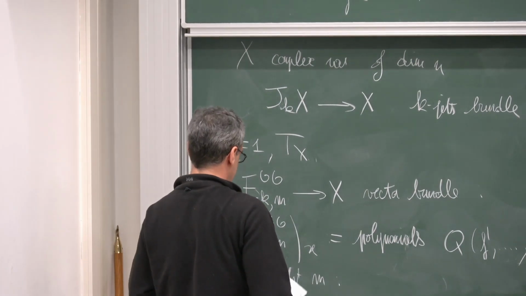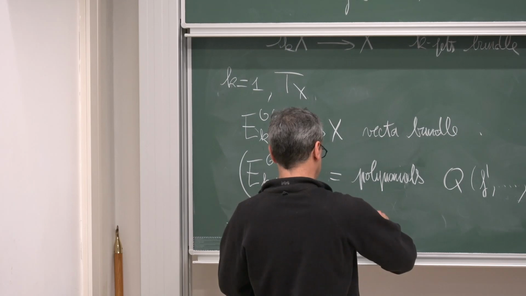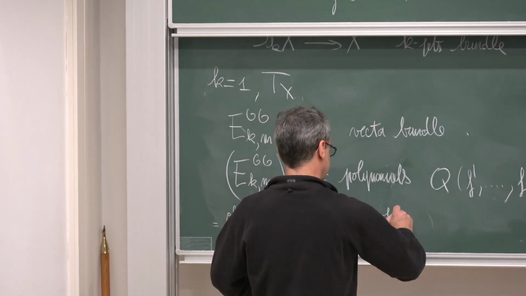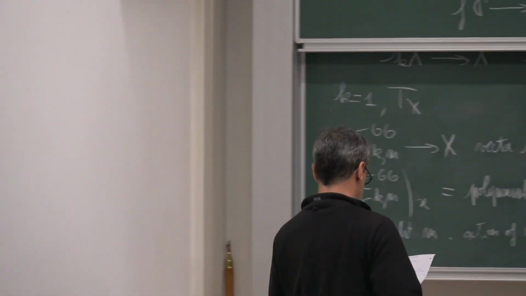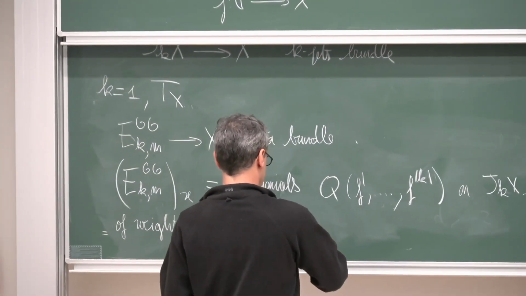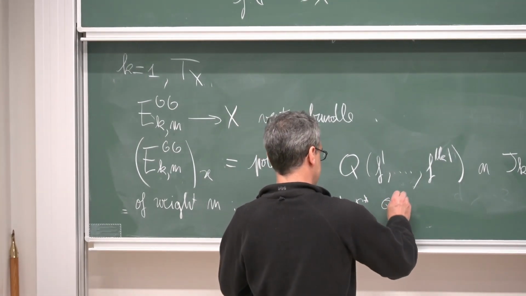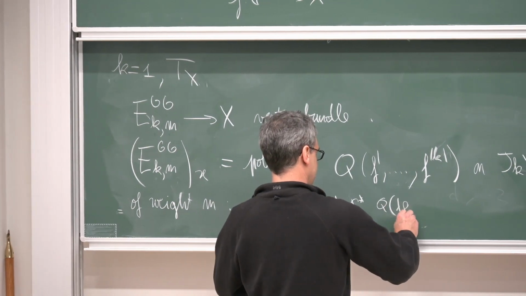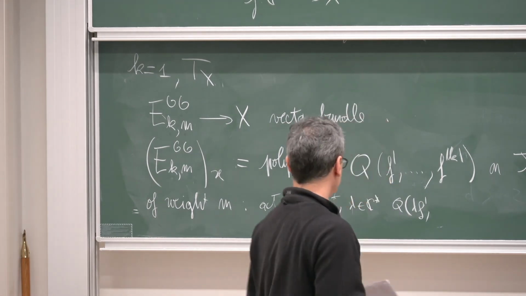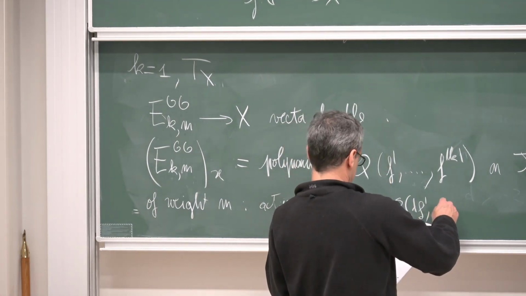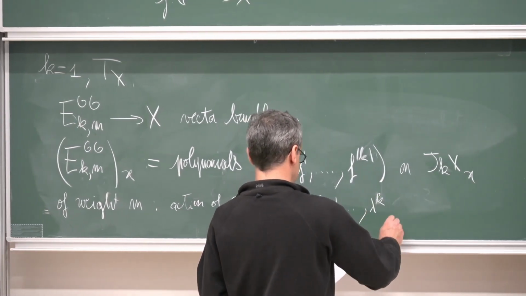Meaning that there is an action of C star. You want to ask that if you take a reparametrization by dilatation by lambda, then the derivative of order j goes to lambda to the power j times the derivative of order j, like that.